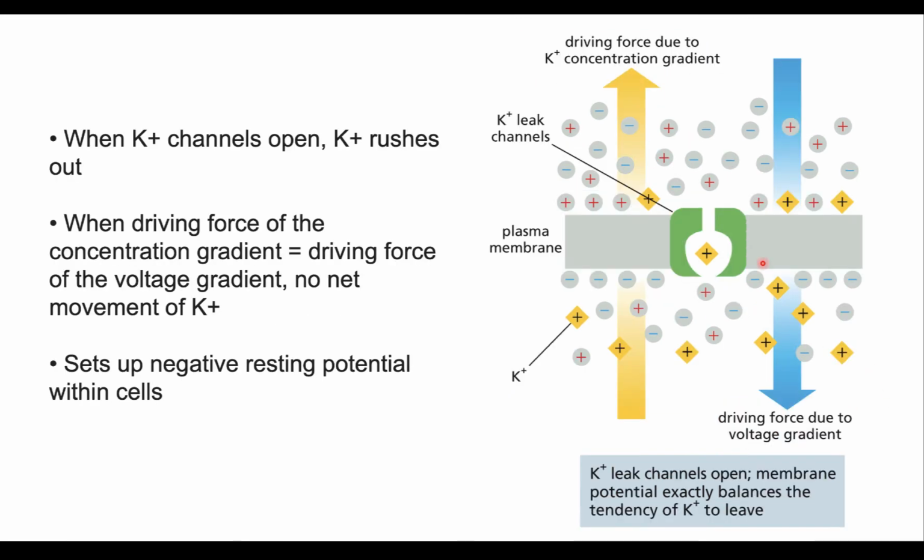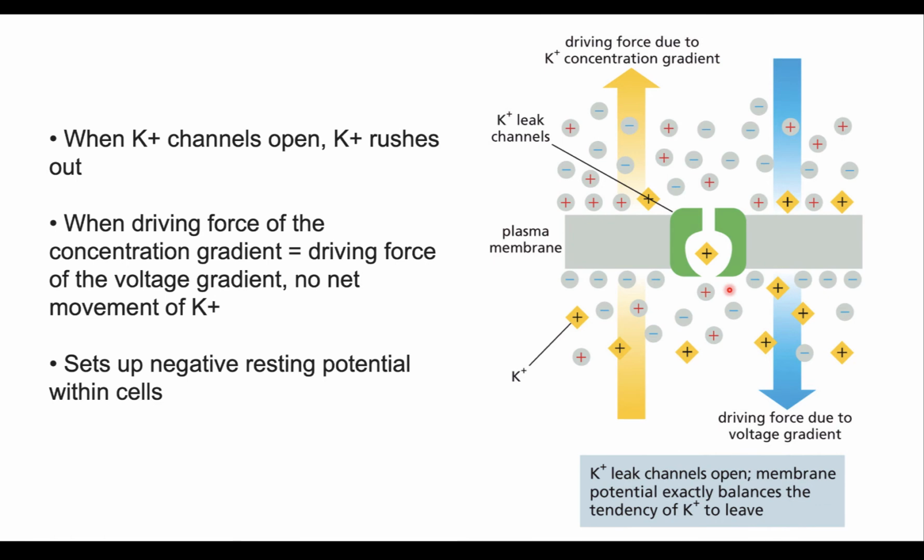There are within cells potassium channels that are called leak channels that can flicker open and closed. When these leak channels open, potassium can leak out of the cell down its concentration gradient. And as potassium is leaking out of the cell, along with it goes positive charge, and the inside of the cell is becoming more and more negative.